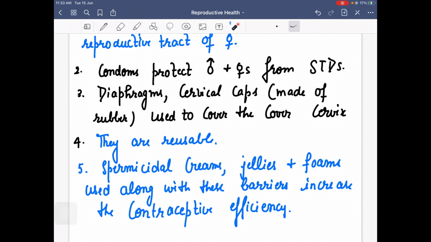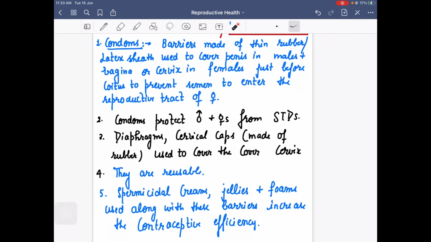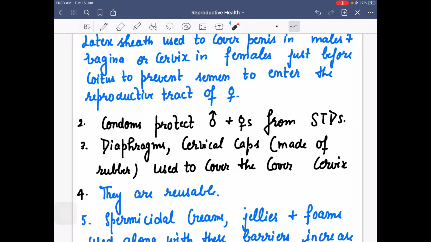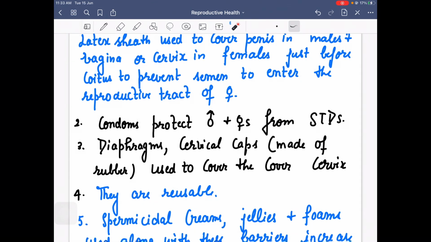Then they are applied with spermicidal creams, jellies, foams. So when you use these barriers like diaphragm and cervical caps with the different jellies or creams, they increase the contraceptive efficiency, right? So these are the 5 uses, advantages, that I have given you of using these barrier methods.